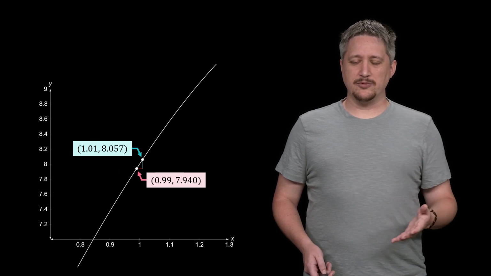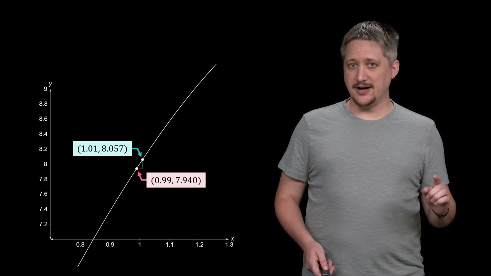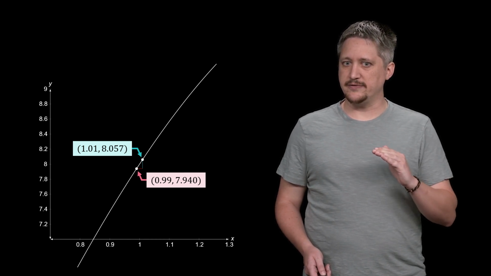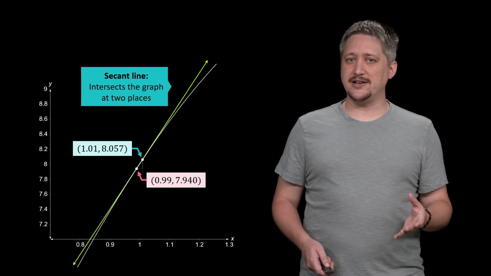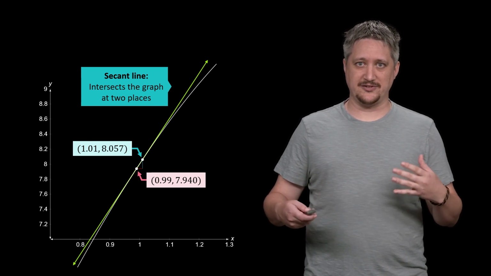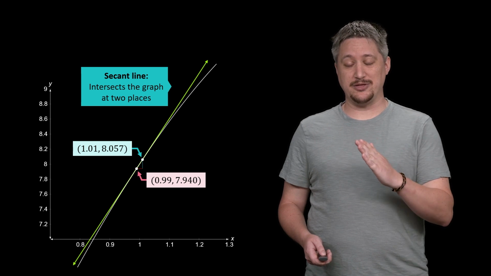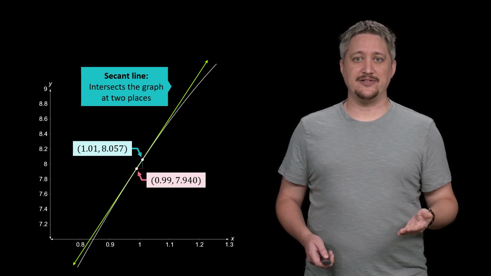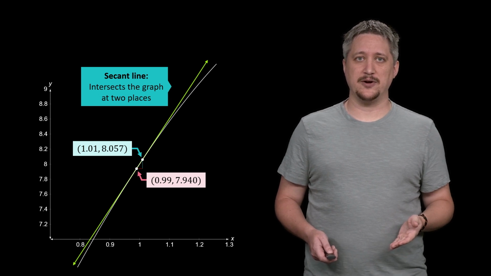But what I'm really doing then is I'm finding the slope between those 2 points, not necessarily on the curve, but on the secant lines. The secant line is a line that intersects a graph in exactly 2 places, for the sake of this sort of calculation. So I have these 2 points. I formed a line that went through those 2 points, and I looked at the slope of that line. That's what that number really represents, okay?